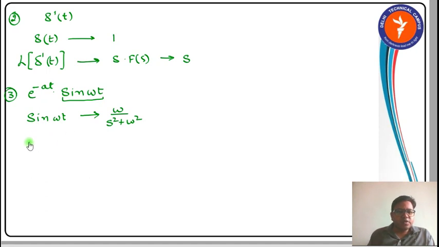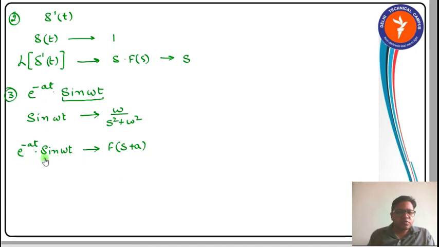Now using the frequency shifting property, e raised to power minus at into sin of omega t should be equal to F of s minus a, that is s plus a, its inverse should be added here.